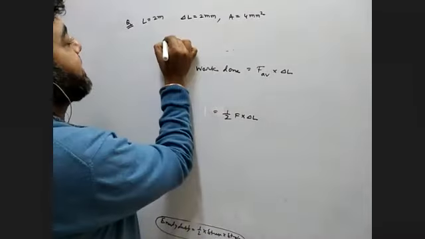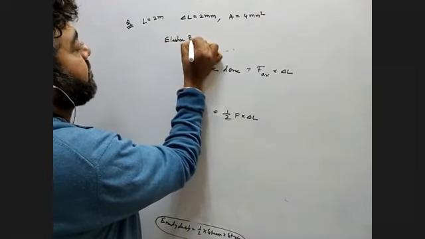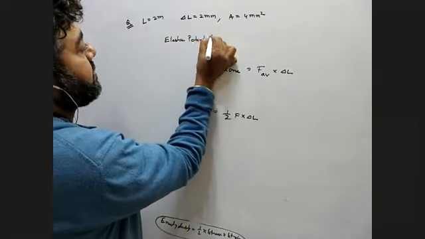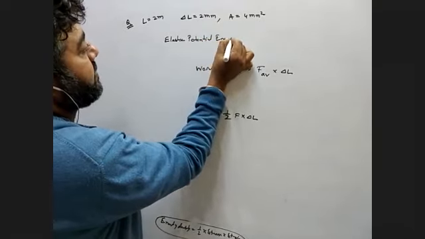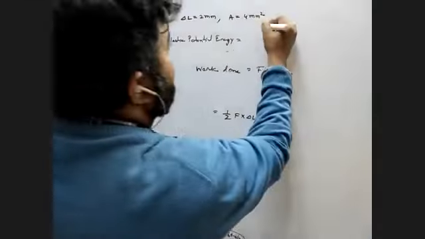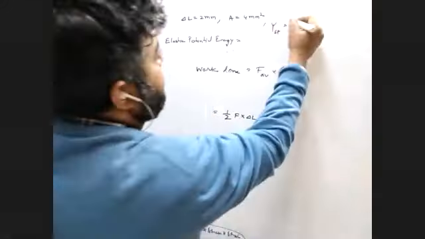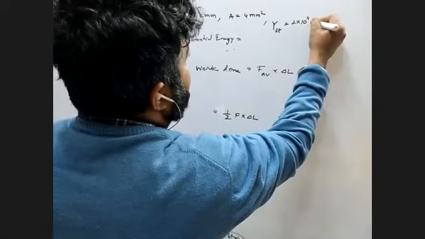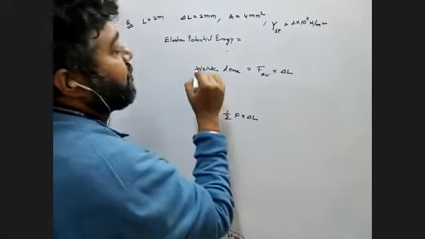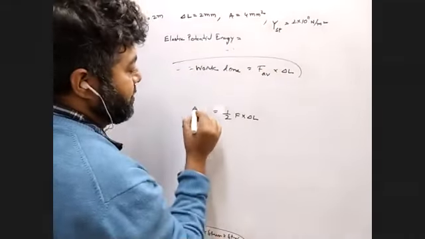Calculate the elastic potential energy. And they have given Young's modulus of steel, that is 2 into 10 to the power 11 Newton per meter square. For work done or energy stored, you generally have this formula.